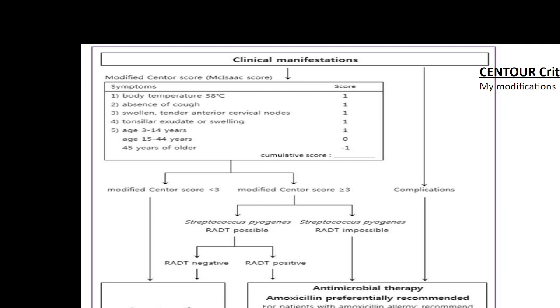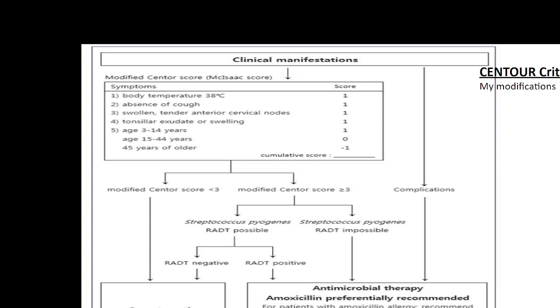Now, as far as the clinical management of tonsillitis is concerned, there is a central criteria, and I just modify it based upon that. In a patient with tonsillitis, if the body temperature is more than 38 degrees centigrade, the score is 1. If there is no cough, again the score is 1. If swollen and tender cervical nodes are there, an additional score of 1. If there is significant tonsillar exudate over the area, again the score is 1.